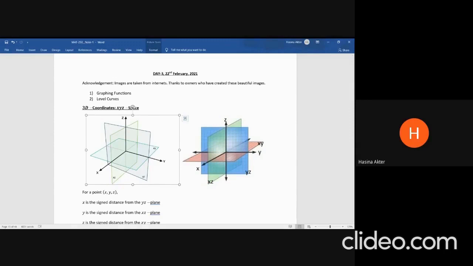What do you feel? What should be the intersection? Isn't it a straight line? Infinitely many points. The set of common points gives us a straight line.